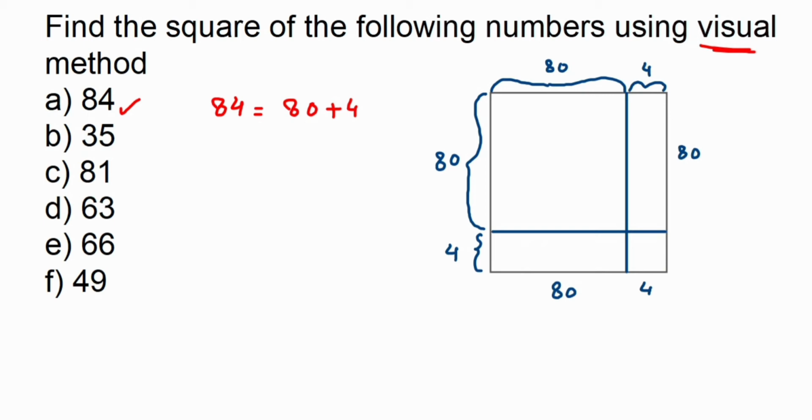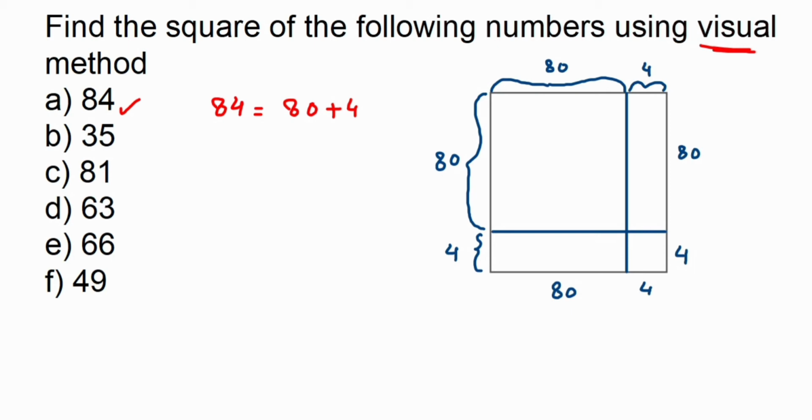Now after you understood this step, you have to find the area of each part, whether it is a rectangle or a square. If you see the first part here, this is actually forming a square. I have to find the area of this first part. We know that the area of a square is side into side.